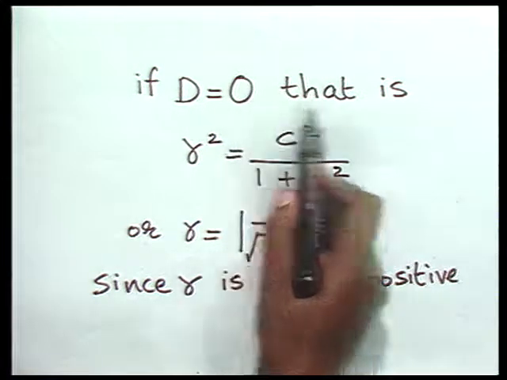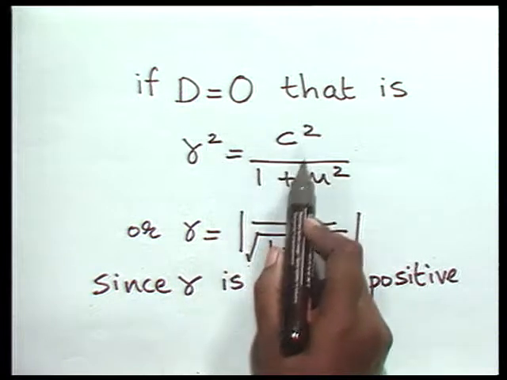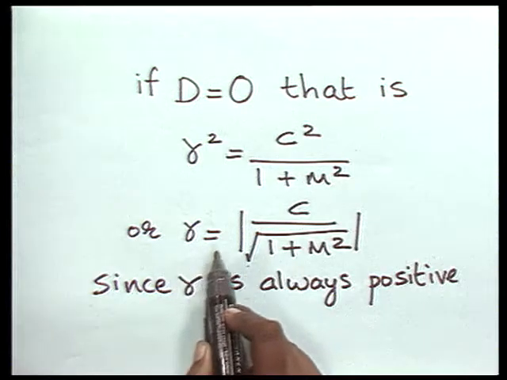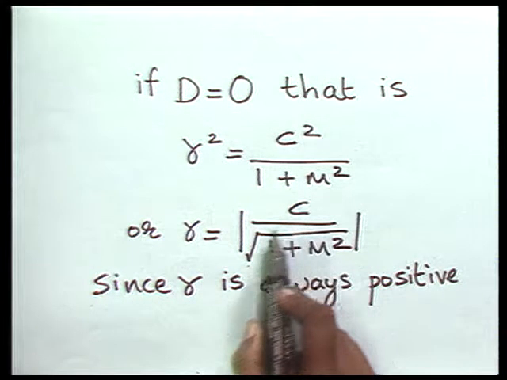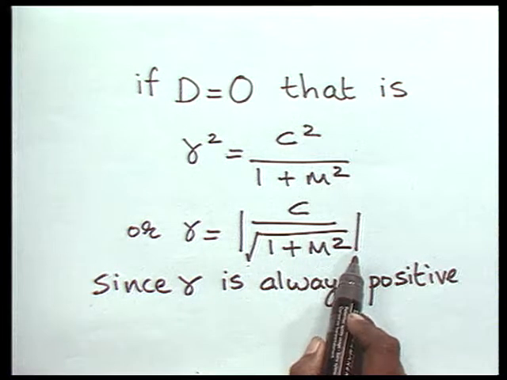Now, if d is equal to 0, that is, if r square is equal to c square upon 1 plus m square, or r is equal to modulus of c upon under root of 1 plus m square, then in that case the line will intersect the circle at two points which are coincident, or we can say that the line intersects the circle at just one point.